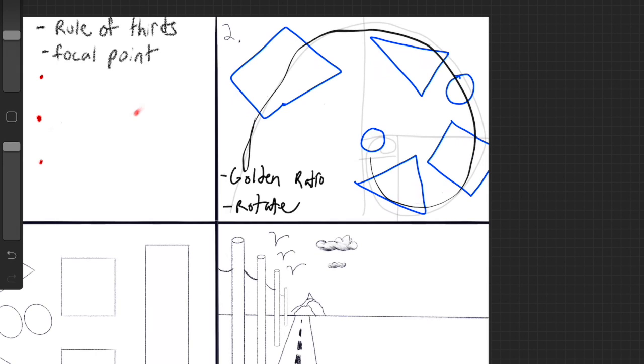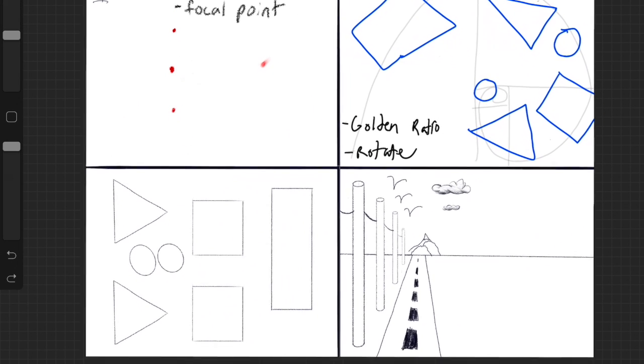So those are 2 different ways. I know I'm putting the golden ratio and rotating together, but you can use them individually as well as the rule of thirds and focal point. So all 4 of these so far are independent of one another. I've just chosen to put them together.